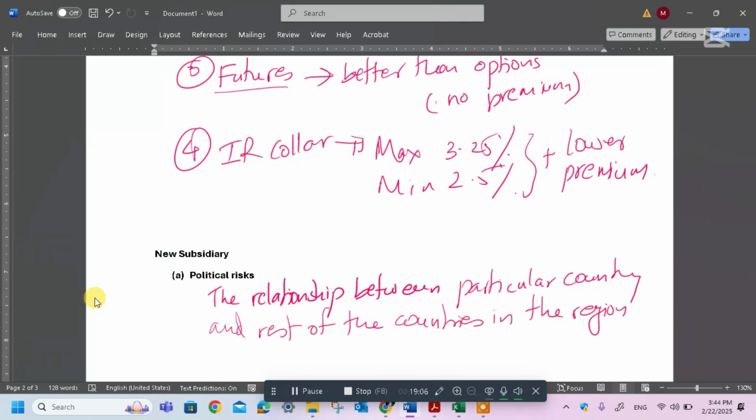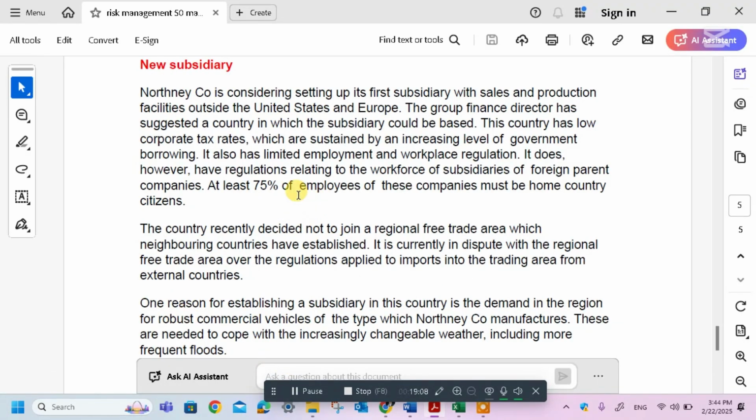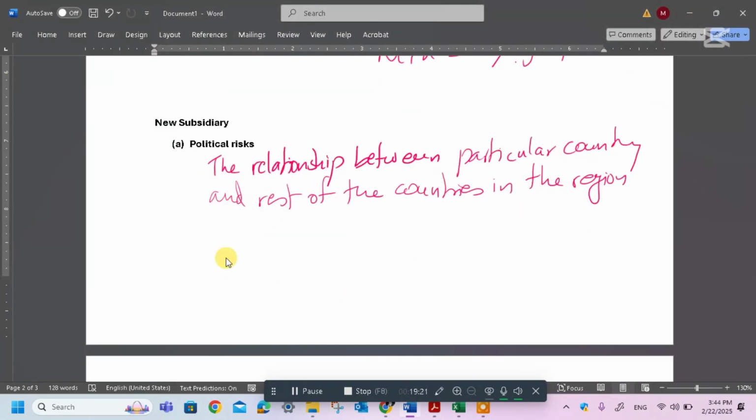Other countries have entered into a free trade zone agreement where this country is not part of it. Whereas we are going to establish this subsidiary mainly targeting the regional sales. So how is it possible? Imagine this is the particular country, this is the region, you are going to set up the subsidiary here. There is no good relationship between the region and this country. So setting up a subsidiary here, isn't it a disadvantage for you?